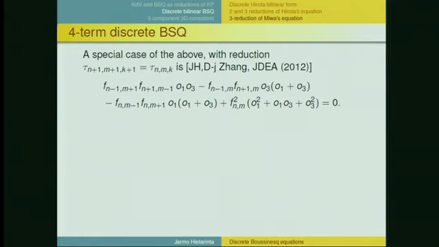But notice that this looks like a cubic root of unity type of condition. If this is 0, then O1 must be a cubic root of unity times O3. But I don't do that yet. I just keep two parameters here.